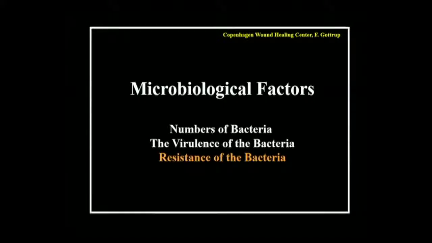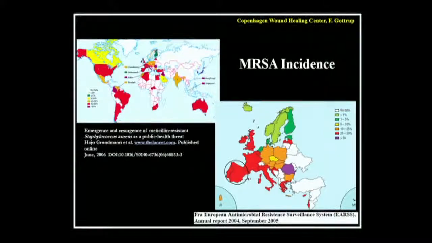What about the resistance of the bacteria? We have talked about that for a long time, and I have this map on MRSA, and if you look at Europe, we can see where we are today. Here the color is red, meaning that 25 to 50% of all your staphylococci are MRSA.